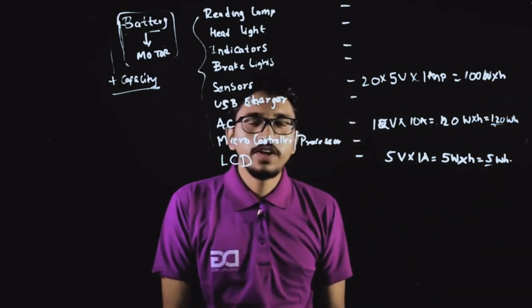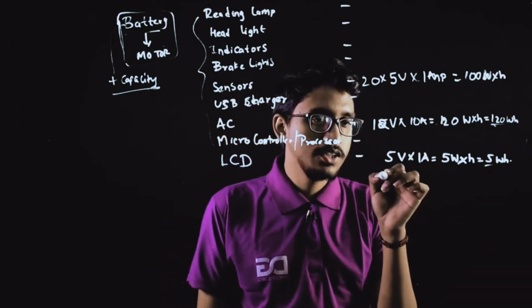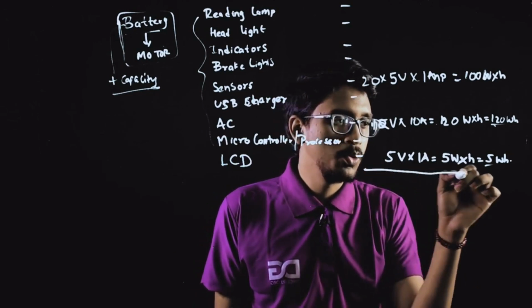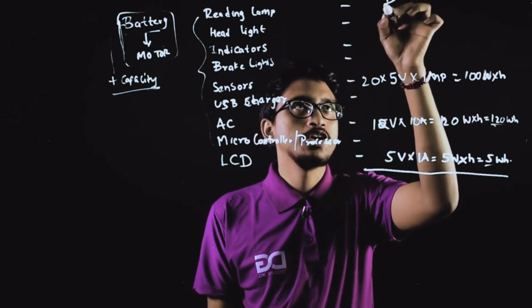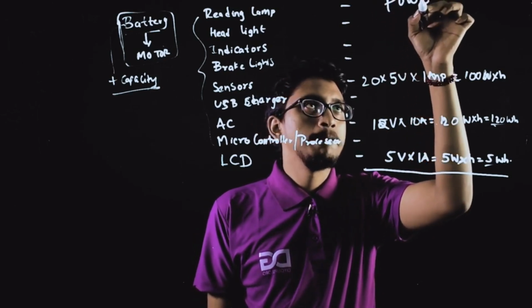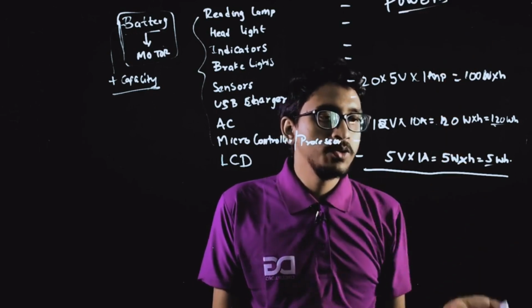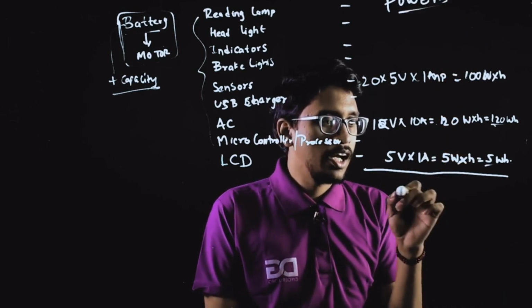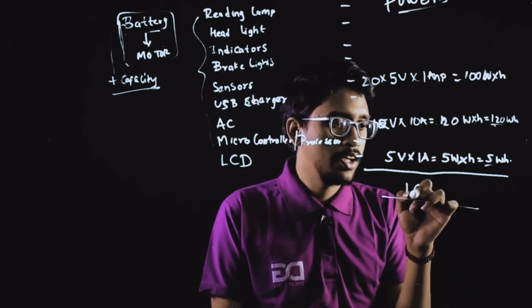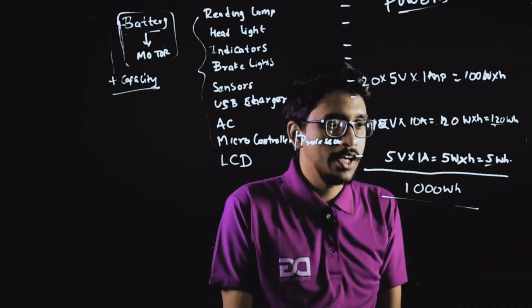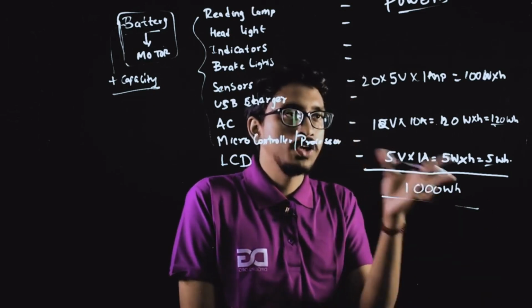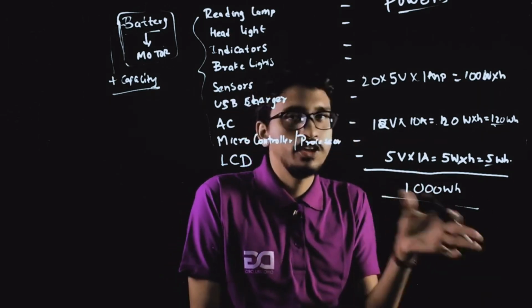So whenever you want to manufacture electric vehicles, the first thing you need to do is calculate the powers like this. First calculate all these powers, and let us suppose you get some 1000 watt hour of extra power you need to run the electronics in your vehicle.